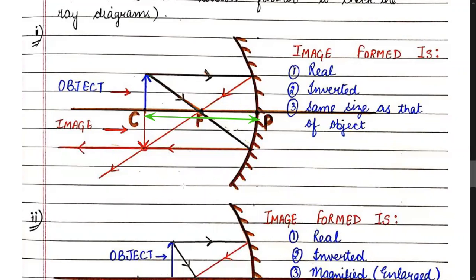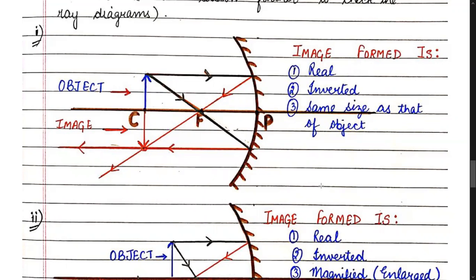So if you are not measuring it correctly, the diagram will not come accurately. The pencil should also be sharpened, since if you do not have a sharpened pencil, the ray diagram will not be clear. So students, the object first of all is placed at center of curvature.